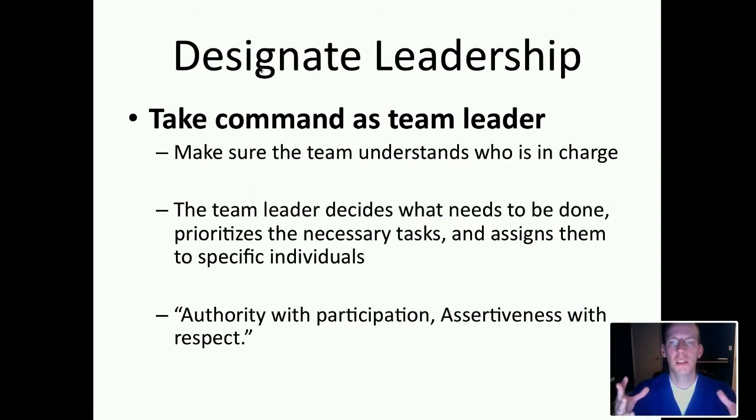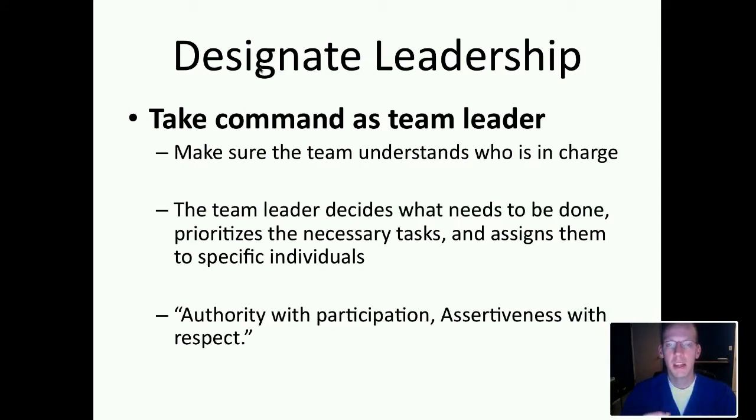It's important that you, as a leader, take command. Resuscitations go poorly when there's not a clear leadership structure. The team needs someone to follow. So you want to make sure that the team knows who's in charge if you're the leader. The team leader also decides what needs to be done, prioritizes the necessary tasks, and then assigns them to specific individuals. Ideally, the individuals that are most likely to accomplish your goals, meaning the most experienced person.